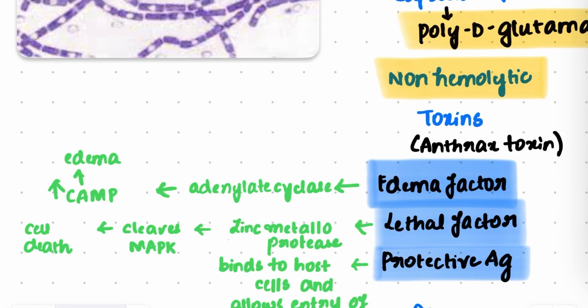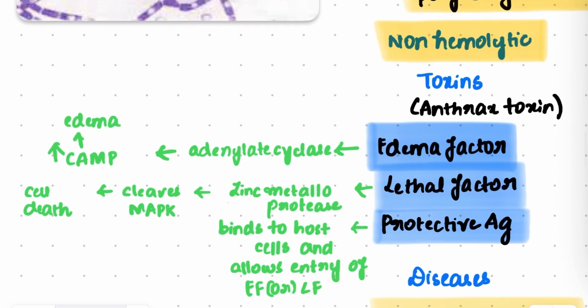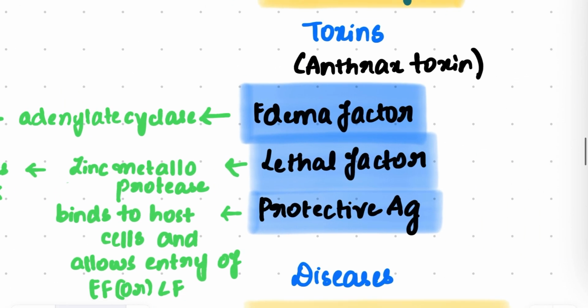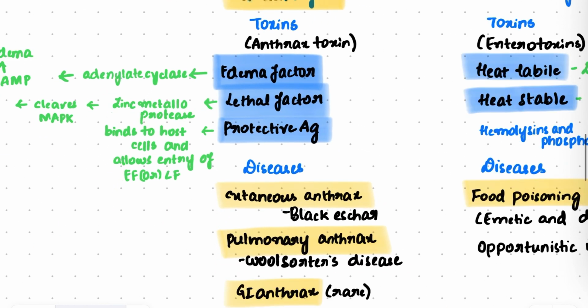That's why it is called edema factor. Next is lethal factor. With the help of zinc metalloprotease, it will cleave the MAPK, that is mitogen activated protein kinase, and cause cell death. And next is protective antigen. It binds to the host cells and allows the entry of both edema factor and lethal factor. So this is the anthrax toxin.